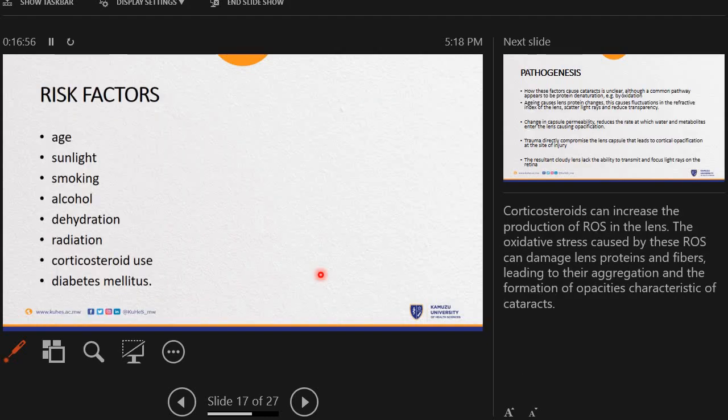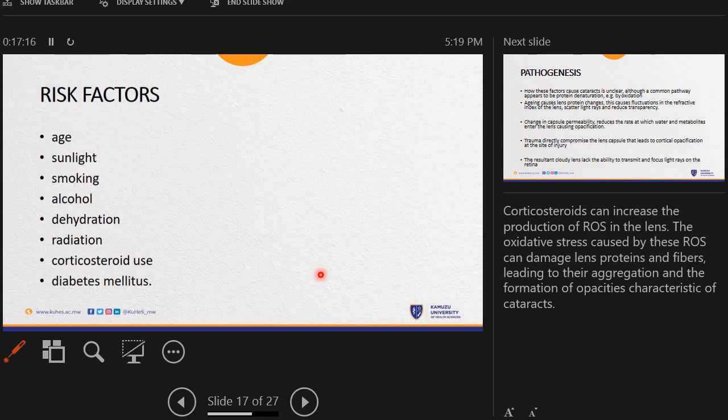Some of the risk factors for developing cataracts include age, as I've already alluded to, sunlight exposure, which can also damage the lens. Smoking will cause reactive oxygen species, which also lead to damage of the lens.